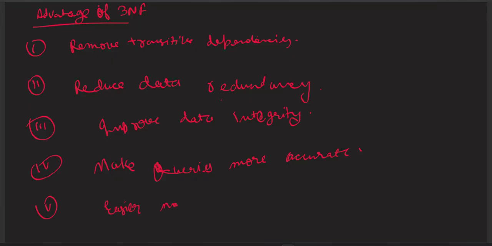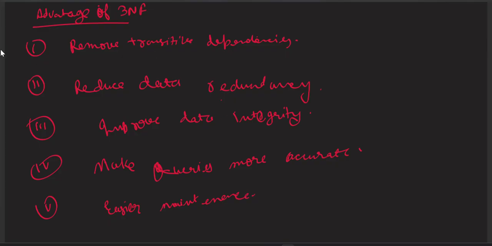It means any change in data, like modifying a value, is reflected consistently across the database. And the last one, just write it down: more logical database design. It means relations are simpler, making it easier to understand and extend the schema.